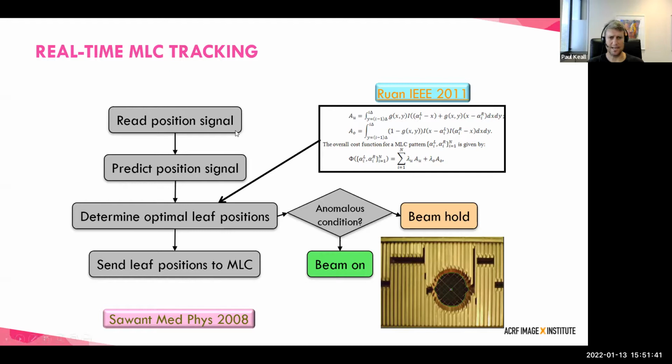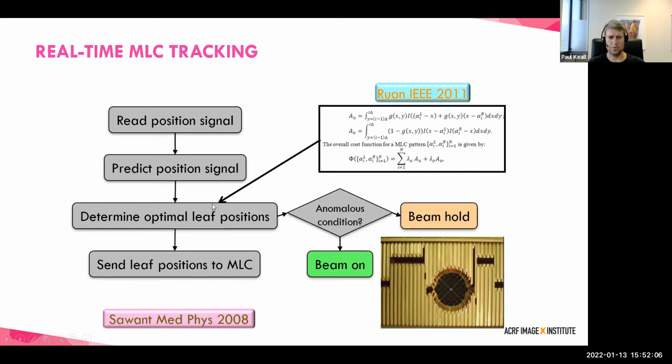If there's a periodic component to the signal, then we would like to estimate where that tumor will be in the time the system takes to respond to that motion. So there's a time series analysis process that goes on.